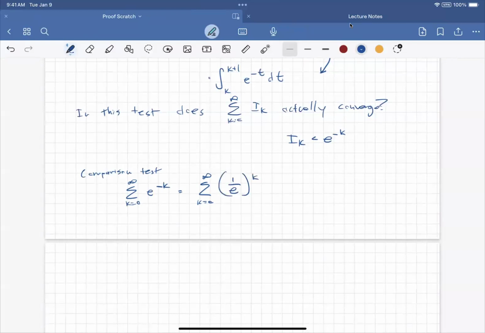And because we know that this common factor, 1 over e, is less than 1, this whole thing is simply a geometric series.